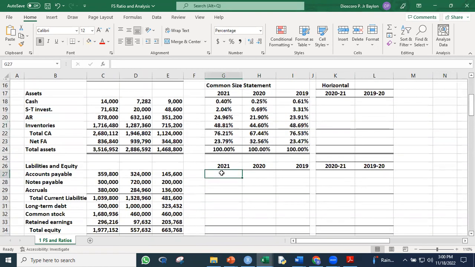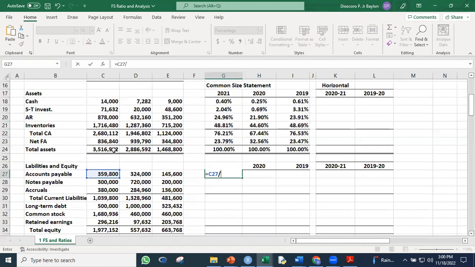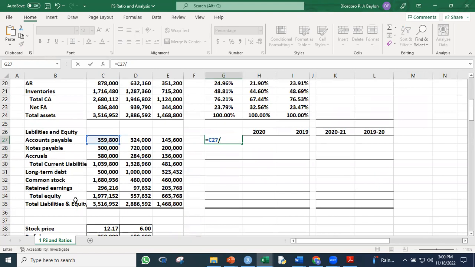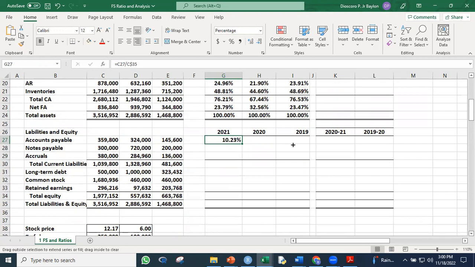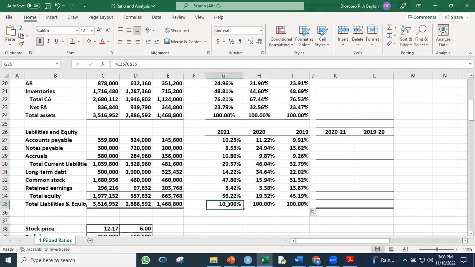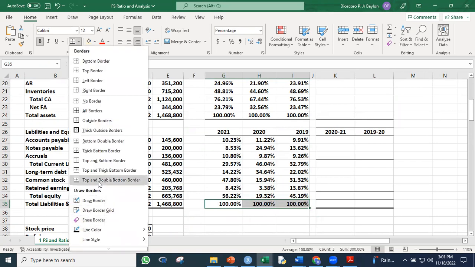This time for the liability side, we can use your total assets, or we can use the total liabilities and equity. So let's use this there, and then fix again F4. To the right, and then down, then copy the borders.